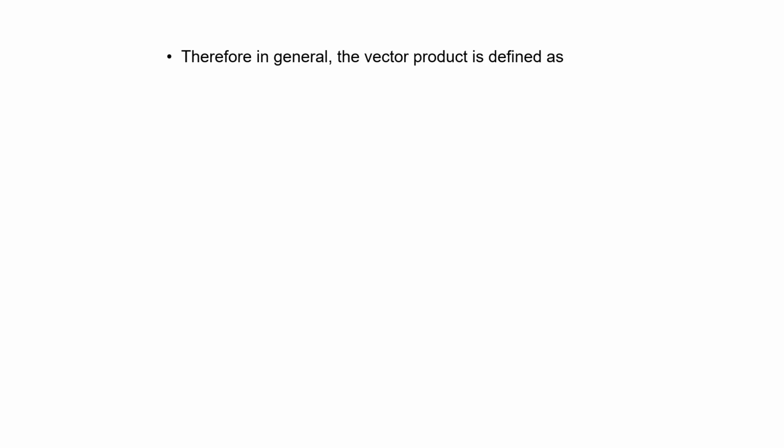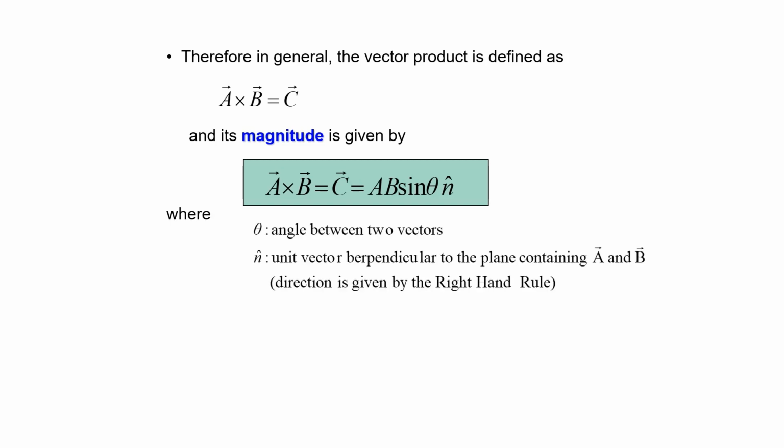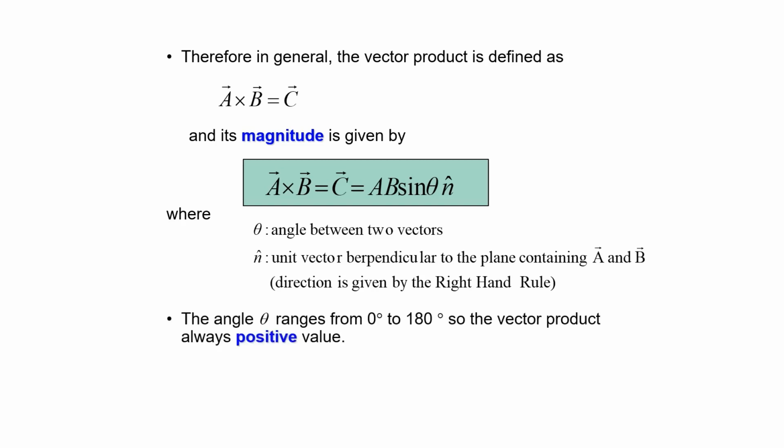Therefore, in general, the vector product is defined as A cross B is equal to C, and its magnitude is given by AB sine theta n, where theta is the angle between two vectors and n is a unit vector perpendicular to the plane containing A and B. The direction is determined by using the right-hand rule.